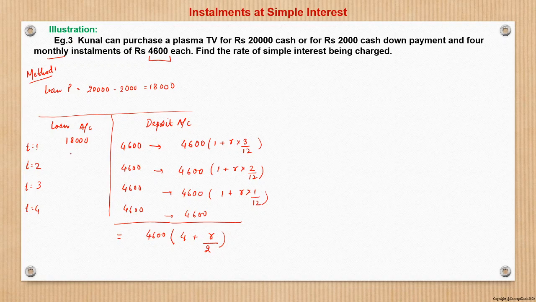Here the interest would be on 18,000, and this is for 4 periods, because this loan has been given for 4 months, so this becomes r into 4 by 12. So basically the value here would be 18,000 into 1 plus r by 3, right?